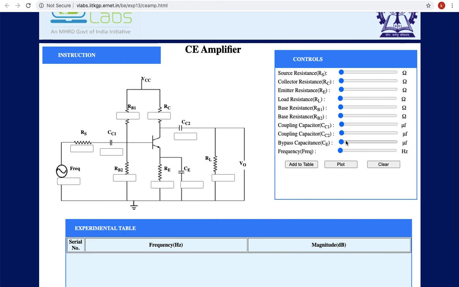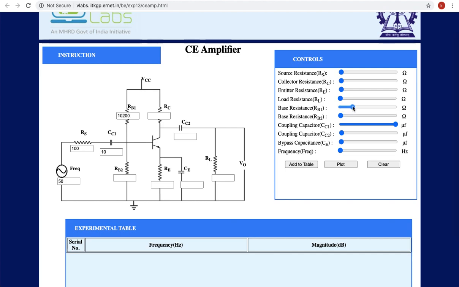Initially we will set the frequency, the minimum is 50 Hz, and the source resistance minimum is 100 ohms, and the collector coupling capacitor is 10 microfarads.